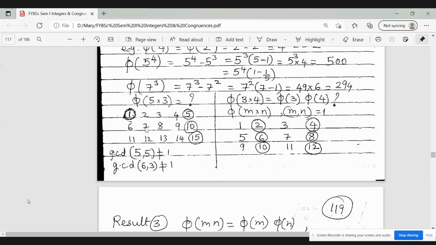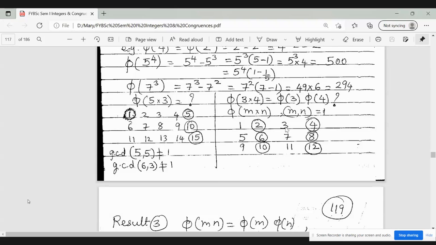Okay, so here, 4 into each column has 2. So 4 into 2 is 8. Okay, 8 such elements will be there. Same way, phi of 3 into 4. Okay, so what do you do? 1, 2, 3, 4, you write, then up to like this. What do you observe? Phi of 4 is 2.